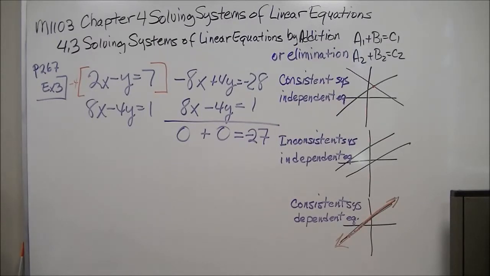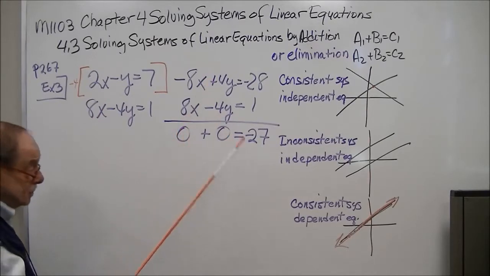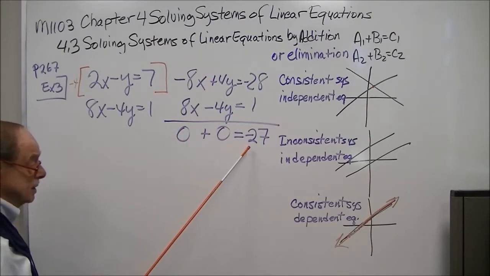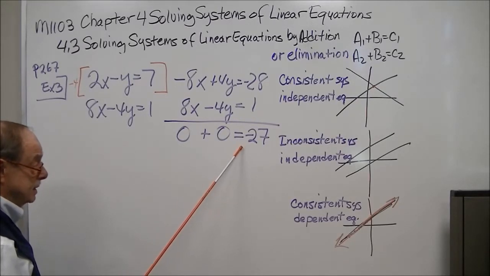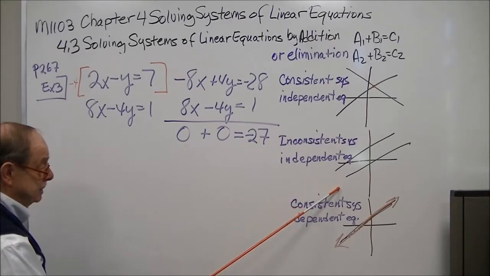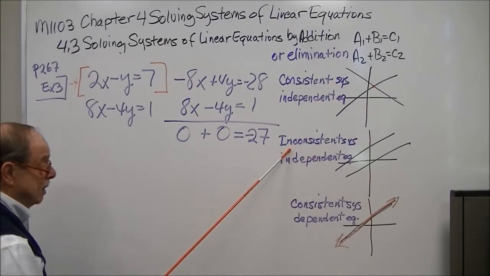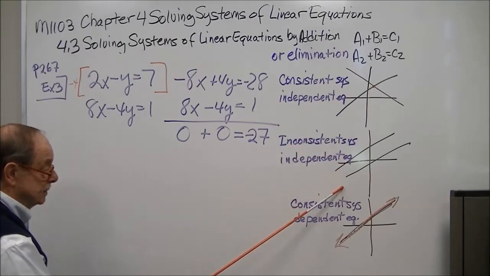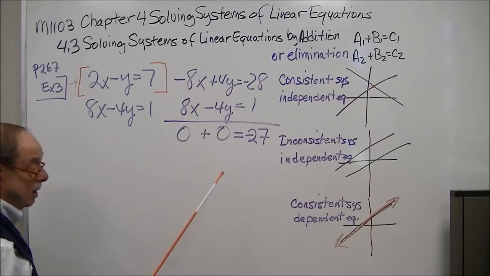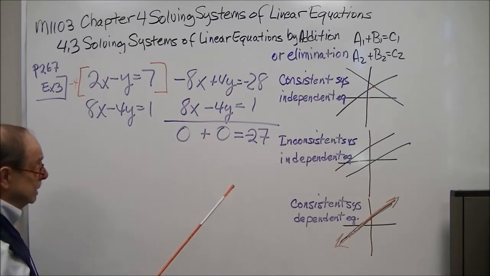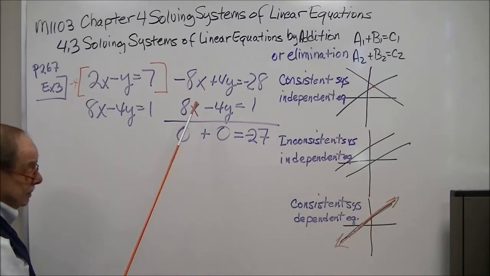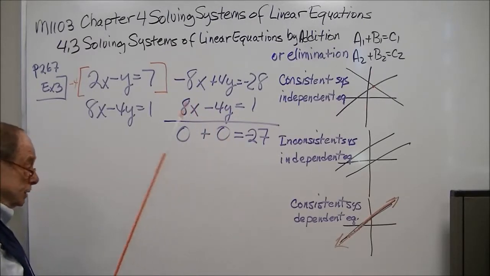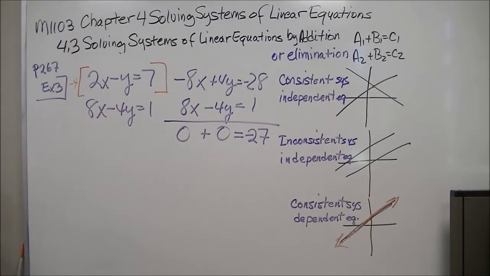Well, what did we say when we did substitution and we ended up with a not true statement? Well, these lines, there is no solution. These are parallel lines. So they are what we call an inconsistent system, since there are no answers, and the equations are independent. But if you were to graph them, it would look like this. And you know, the solution is no solution. And that's what it would look like.